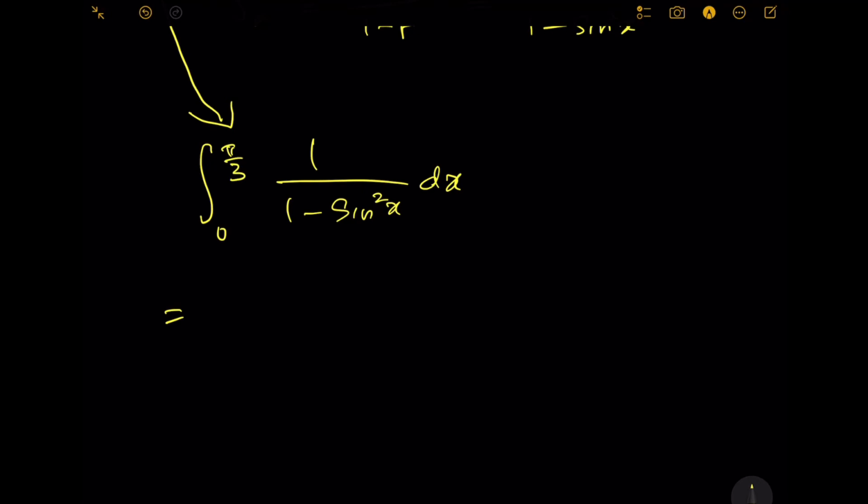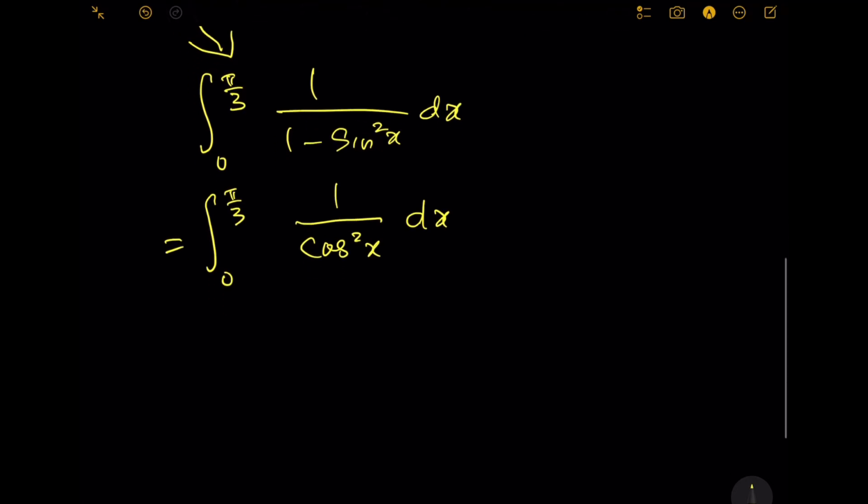The most popular identity is sine square plus cos square equals 1. So here it becomes 1 over cos square x, and we know 1 over cos square is actually secant power 2x dx.